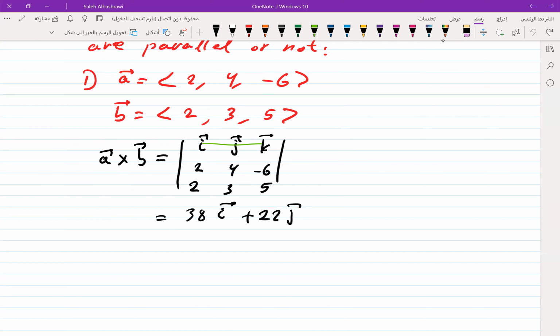Third one, 2 times 3 is 6, minus 8 is minus 2. So this is the second one, it should be minus there. Now third one, 6 minus 8 is minus 2K, and this is not equal to 0. So these are not parallel.